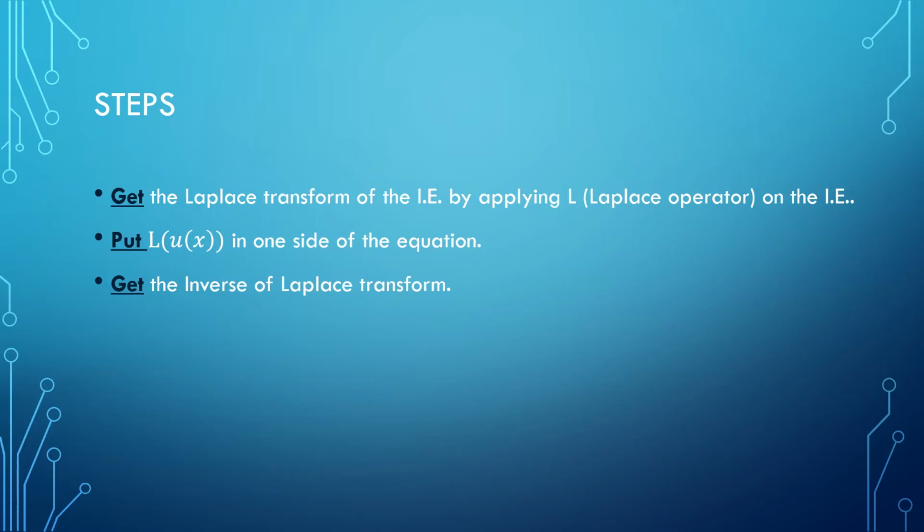We can write it as L u(x) or U(s), capital U of s. The last step is to get the inverse Laplace transform, which means applying L minus 1, the inverse of the Laplace operator.